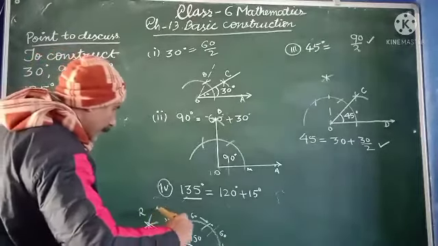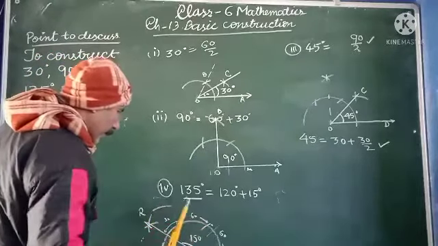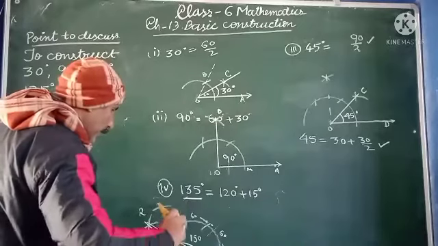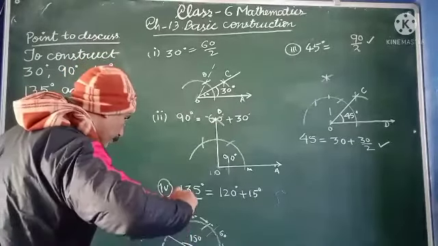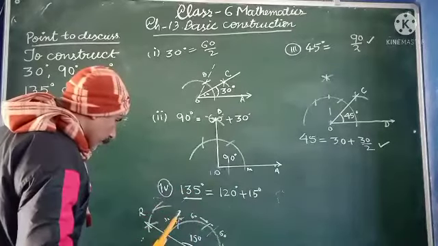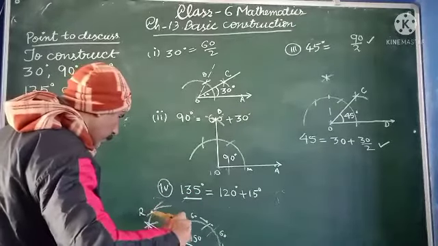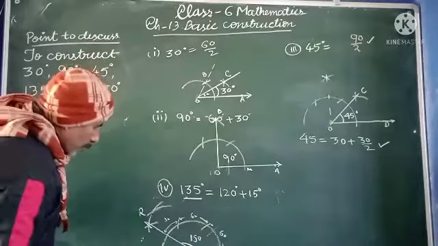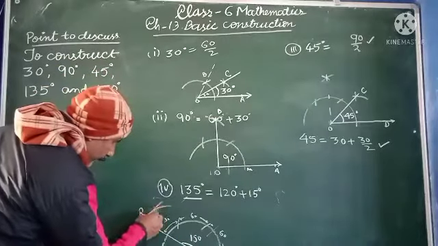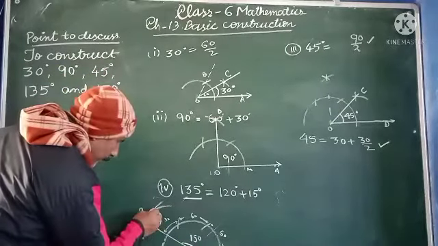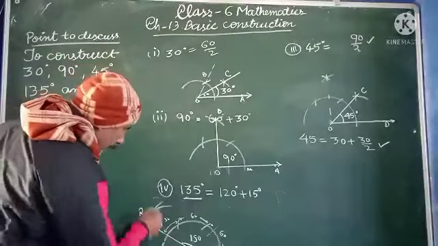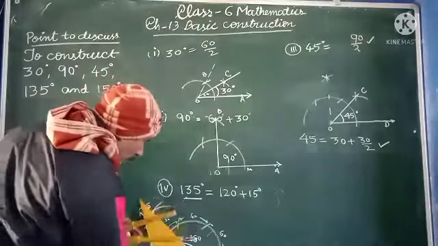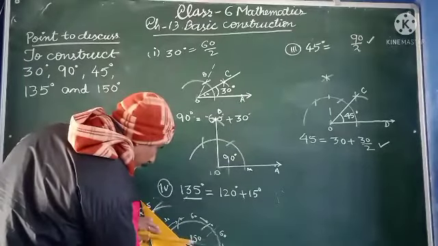So when you bisect this 30 degree, you will get 15 degree. See here. So this will be the 15 degree. So while dividing this S, you will get another angle.